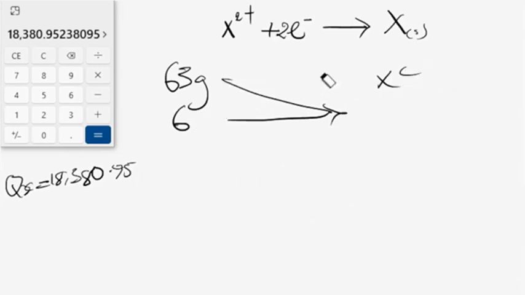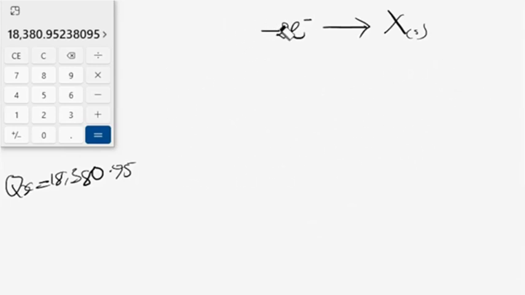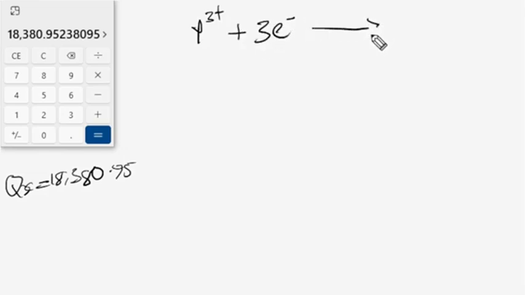So we're going to go ahead and wipe this for the x, and then also do the same for y. So for y, we have that y is a trivalent metal. So since y is a trivalent metal, it's going to be such that y will have the valency of 3 plus, since it's a metal and it's trivalent. So this will require 3 electrons here to discharge to become y here.